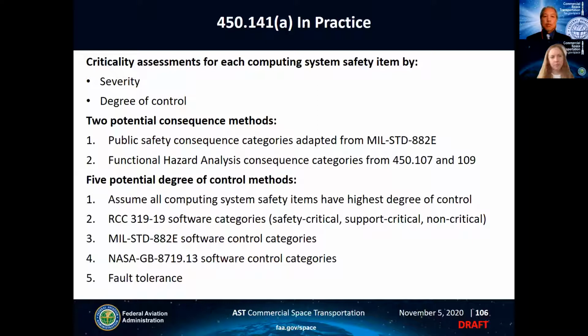Method 3, you could use the MIL Standard 882E software control categories. And very similar to that, method 4, NASA guidebooks have software control categories defined as well. And a 5th method we've laid out is to use fault tolerance as the criterion for degree of control. Next slide.